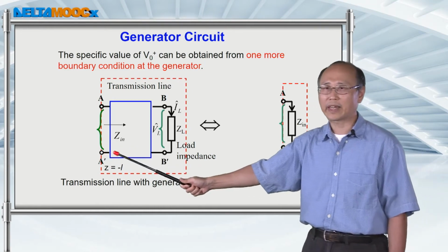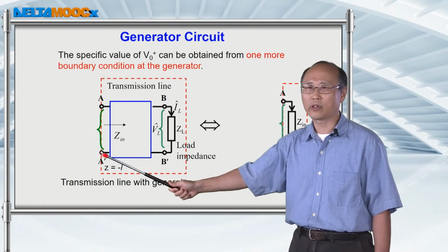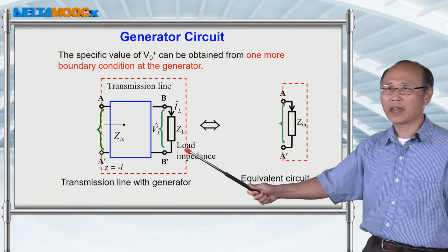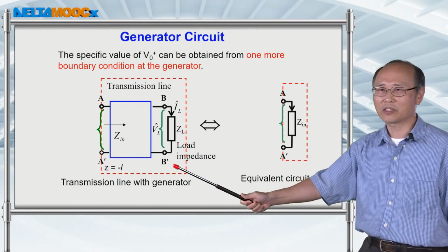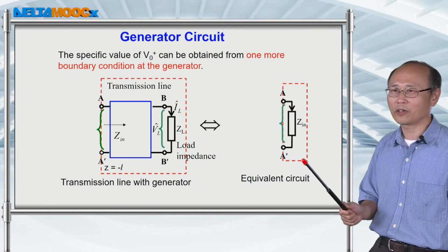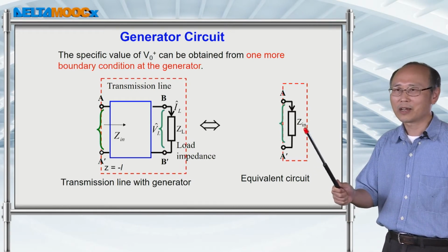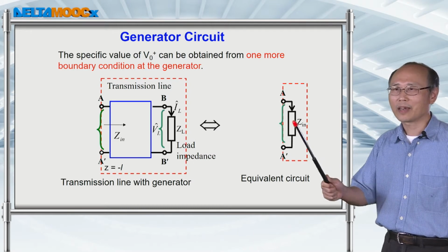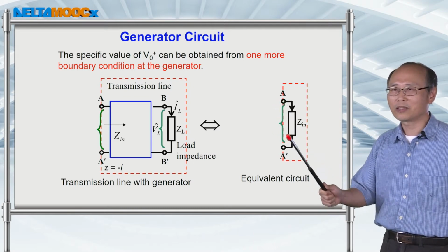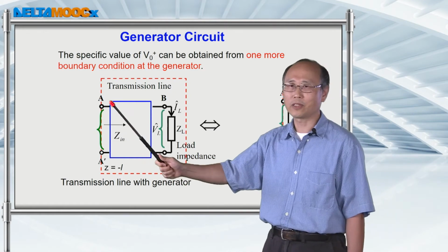We can calculate the impedance at this point looking into the load, and simplify this circuit into this equivalent circuit, just having the input impedance right here. These two nodes, AA, will coincide with this node.